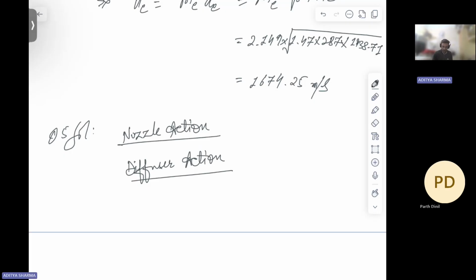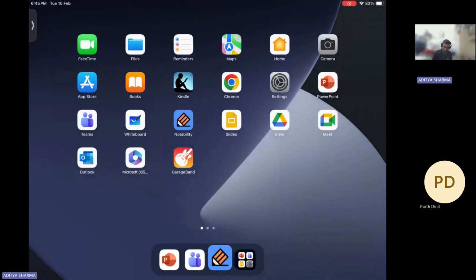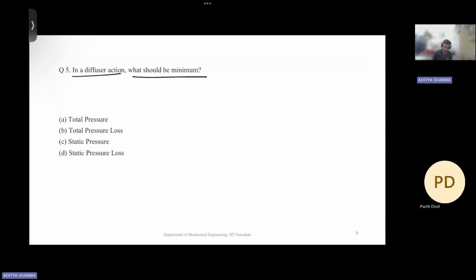Nozzle action is related to increase in the velocity of the flow, and diffuser action is related to decrease in the velocity of the flow. So these are two types of basic actions. Now here it asks that in diffuser action, what should be minimum?